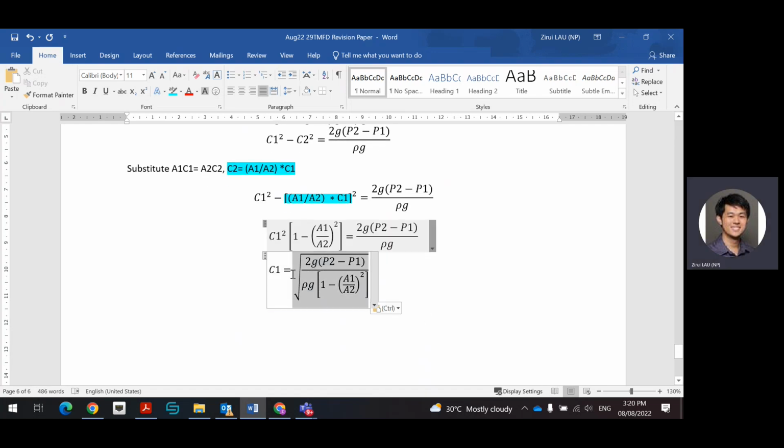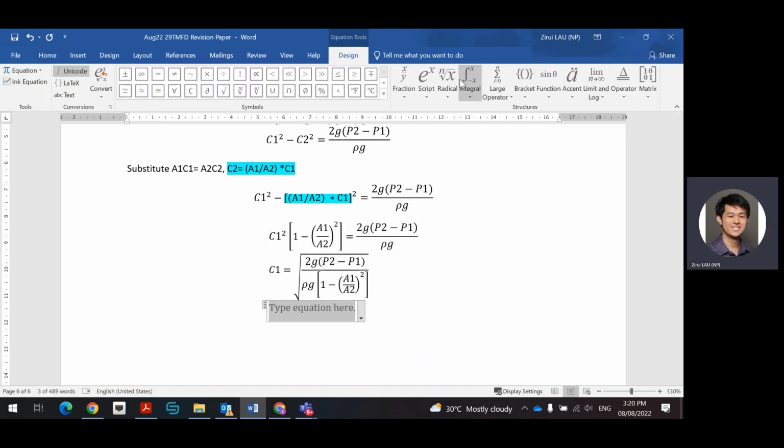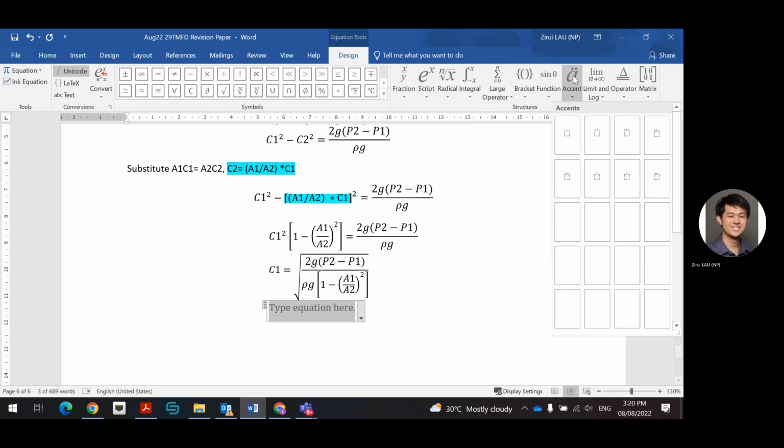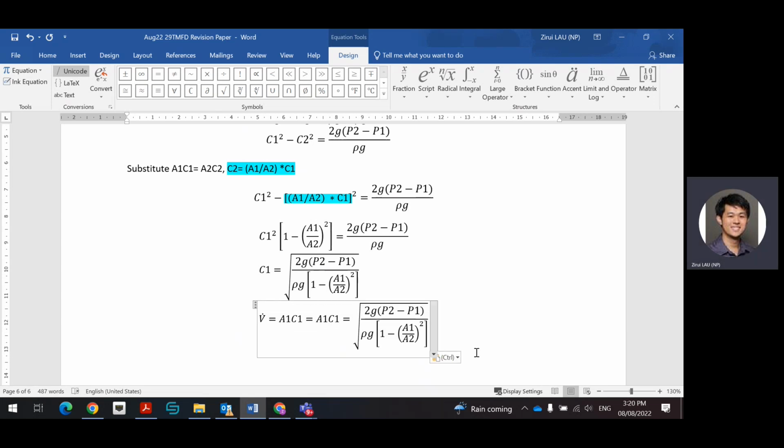Not only that, because what do we need? We need our discharge, which is our V dot. So what is V dot? A1 C1, so which is A1 times square root of this.